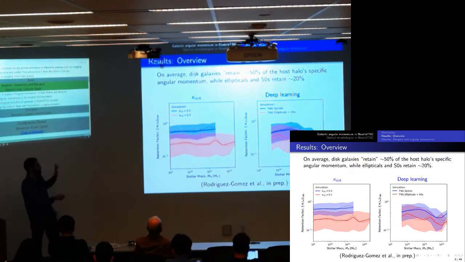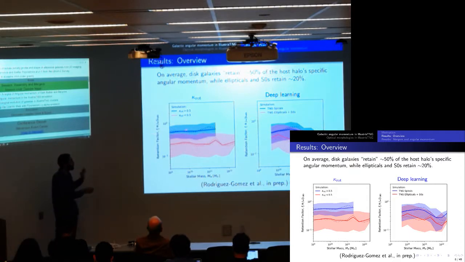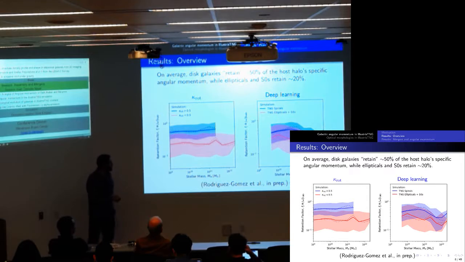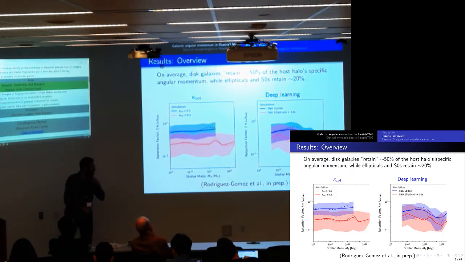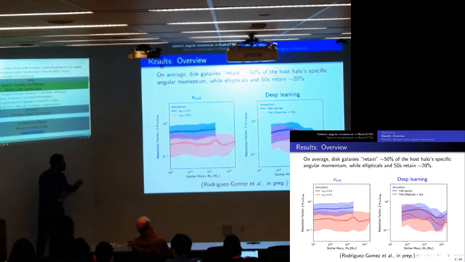Here, at least using this definition, we get around 50% for disks and 20% for spheroids, although this would change if we change the ranges here. We get something very similar with Mark's deep learning classifications, except maybe at the high mass end where disks have lower retention factors. Although if you think about it, there shouldn't be disks at this mass range. So the model is not perfect yet, right? But there is agreement.